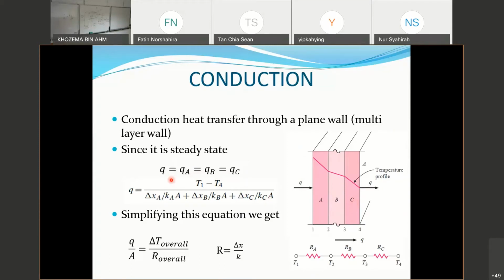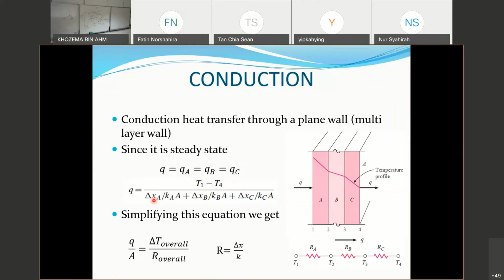Based on that, the equation for QA is QA equals KA times A delta TA over delta XA. The same goes for QB and QC. If you put all the equations together, you get this equation.